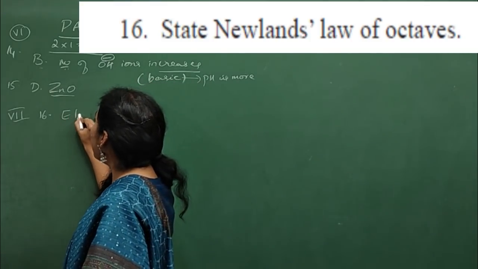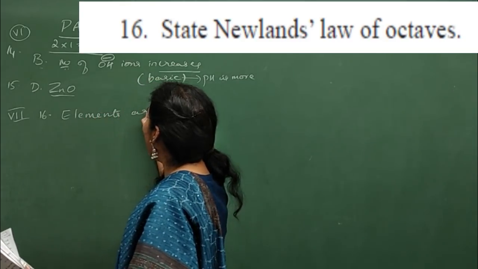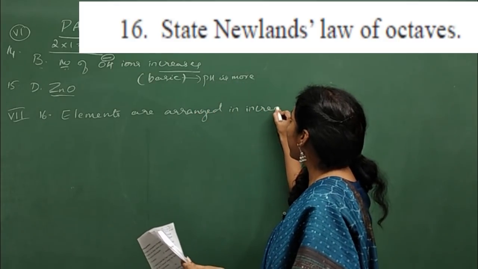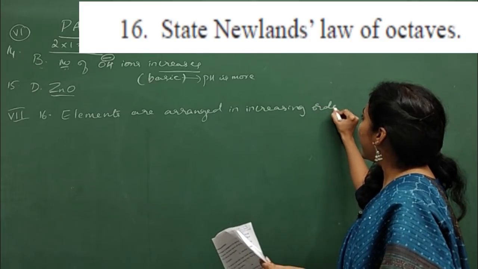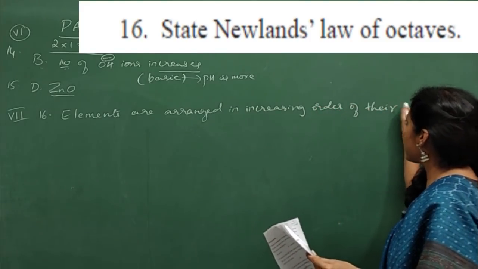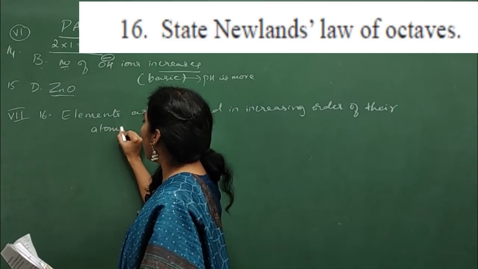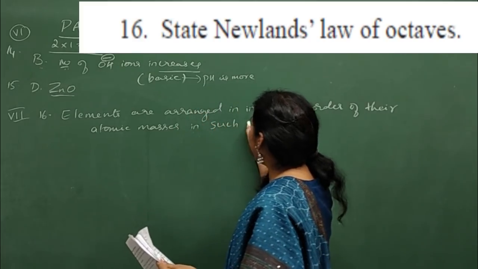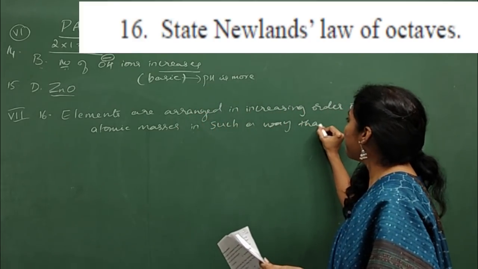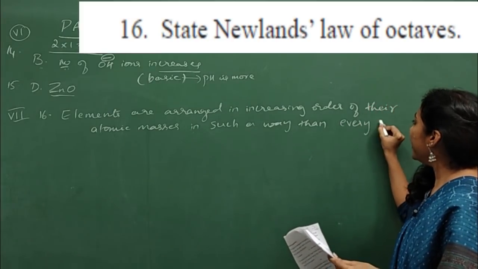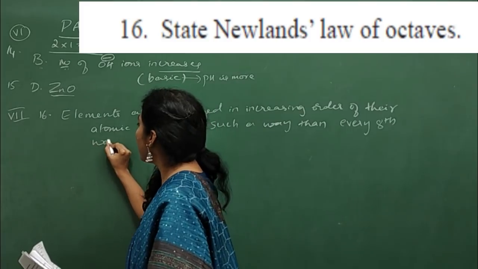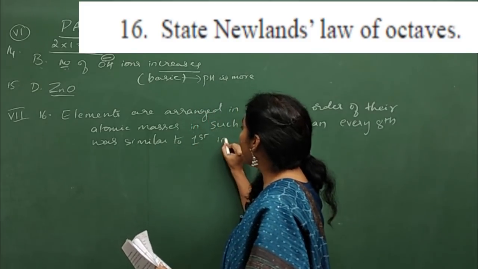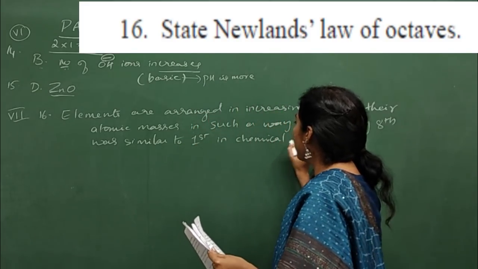Elements are arranged in increasing order of their atomic masses in such a way that every 8th element was similar to the first, in chemical and physical properties.